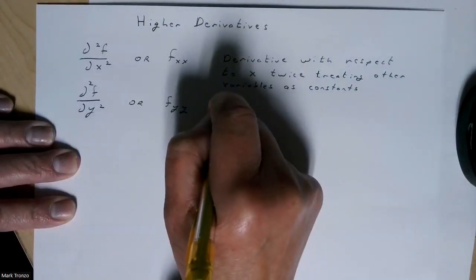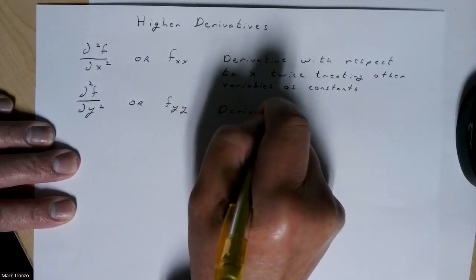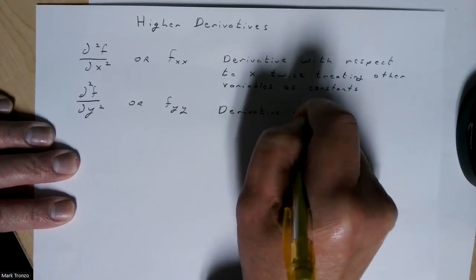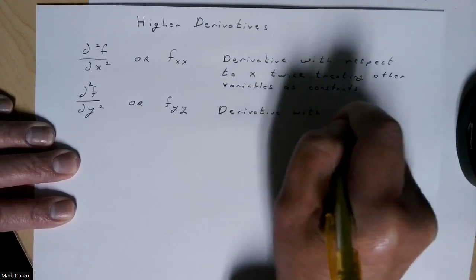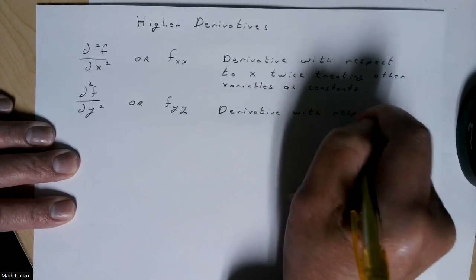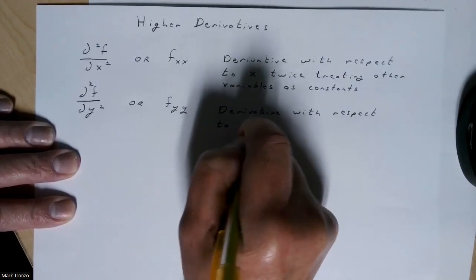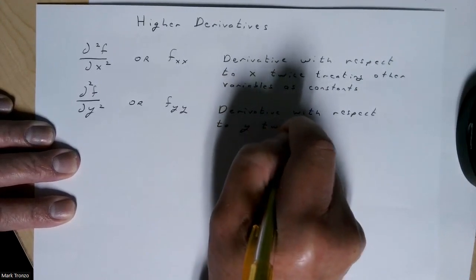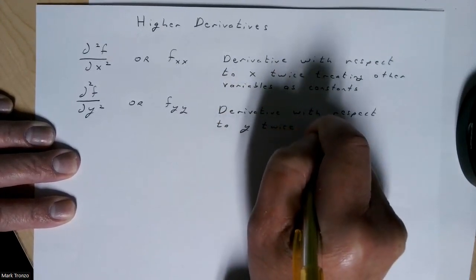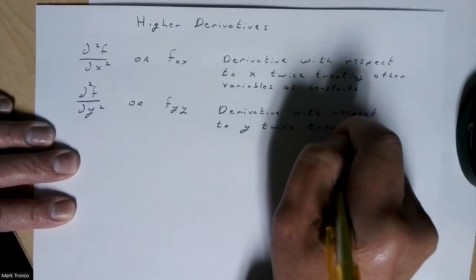And then, of course, this is the derivative with respect to y twice, treating other variables as constant.